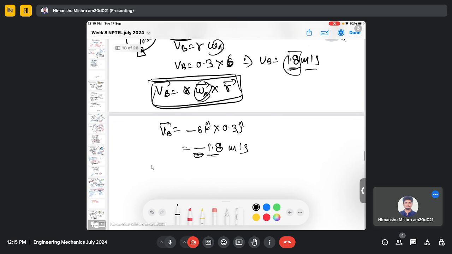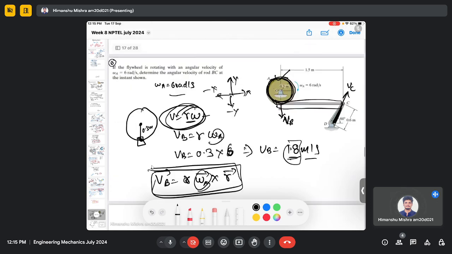Similarly, I can find the velocity at point C, which is omega CD cross product with RC. So here previously this was the jth component, right? But here this has both x and y components. So RC has both x component as well as y component.